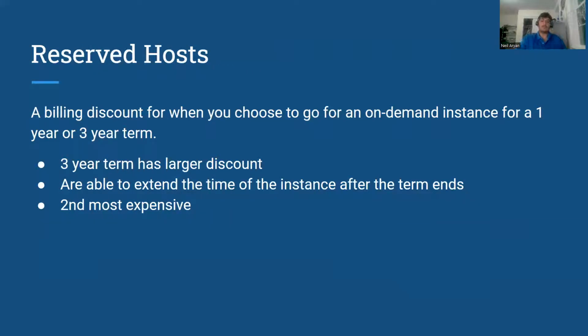And then let's look at reserved hosts. These are similar to on-demand instances in terms of what they can do. The only difference is it's a big discount based on how long you go for. So if you go for a 1 year or a 3 year term, you're going to get a discount. A 1 year term is not as big of a discount as a 3 year term. The upside to this is you're able to extend the time of the instance until the term ends or after it ends.